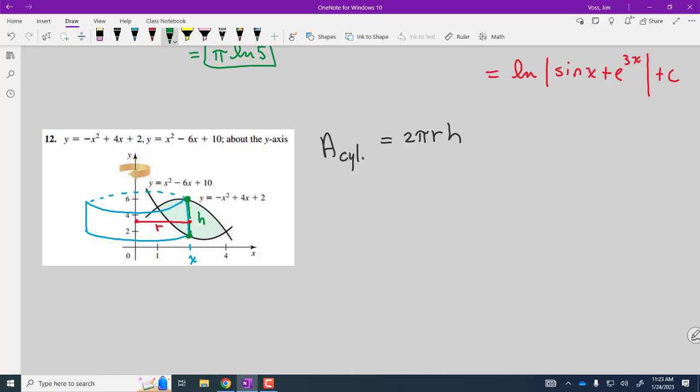X. So you're going to do 2 pi x times up 1 to... I'll write up the next step while you're working up here, and you can confirm that you did this right.